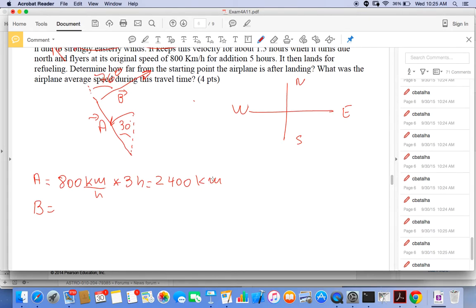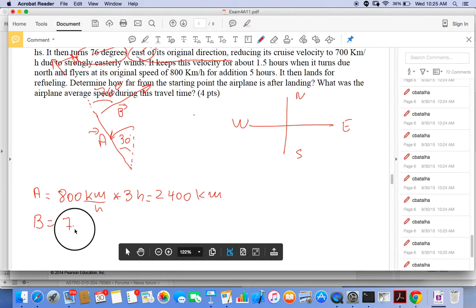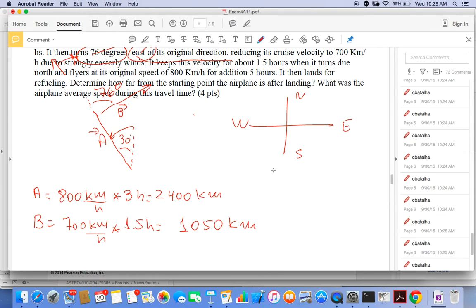And it goes 70 kilometers per hour for 1.5 hours. So you have that many kilometers that went through, and then it turns due north, right?